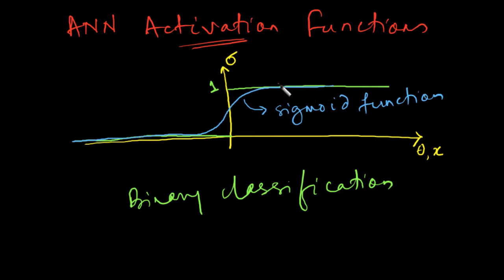So this problem of the gradients becoming very small is what is referred to as the vanishing gradient problem. These artificial neural networks suffer from the problem of vanishing gradients as well as the problem of exploding gradients.